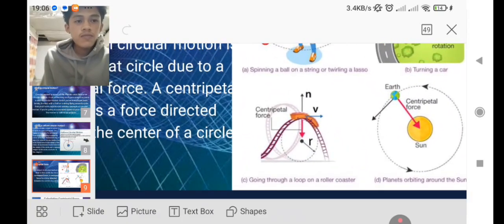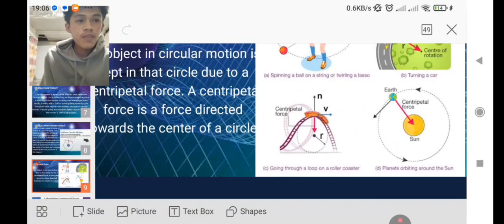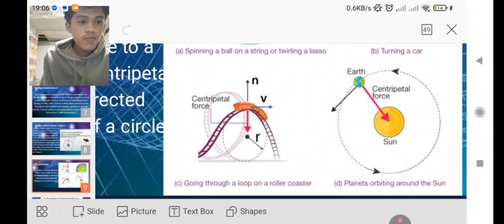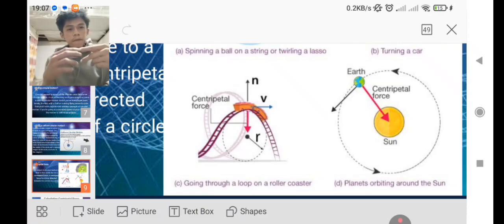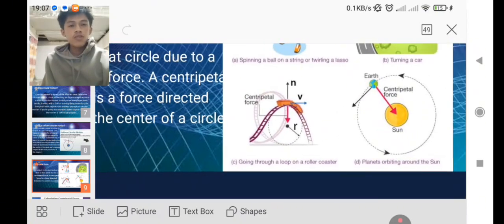Going through a loop on a roller coaster. Centripetal force gihapon ang planets orbiting around the sun. Sa tunga gihapon padulong ang force niya. So patuyok siya pero steady ra ang point sa tunga.